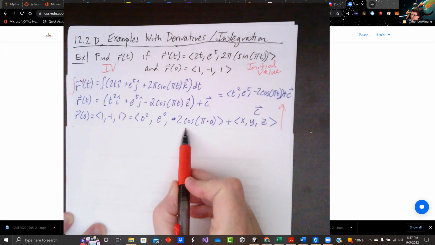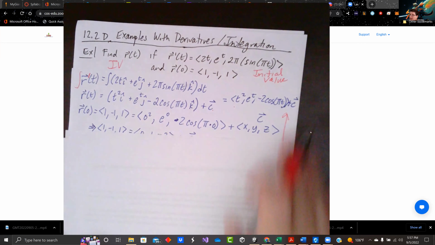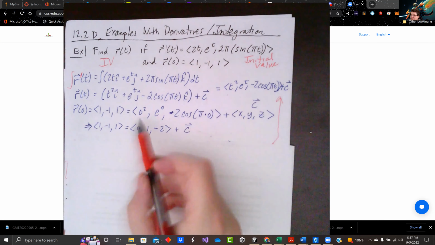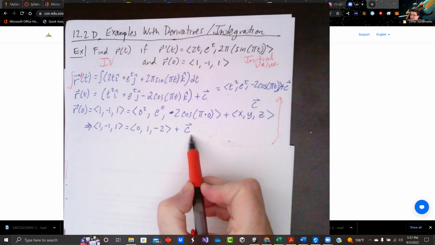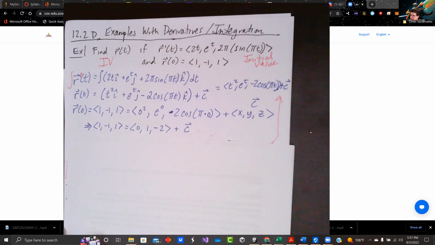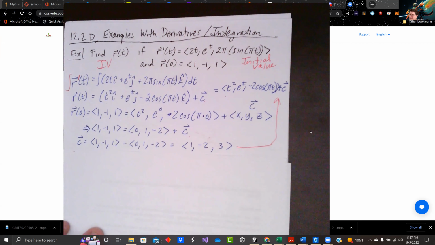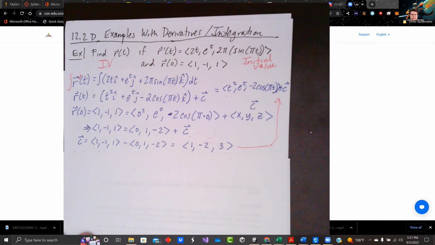And -2 cosine of 0. Cosine of 0 is 1, so this will be -2. I've got <0, 1, -2> plus that constant vector has to equal my initial value. And we solve for that constant by subtracting. We subtract <0, 1, -2> from the left side, and we get C equals <1, -2, 3>.